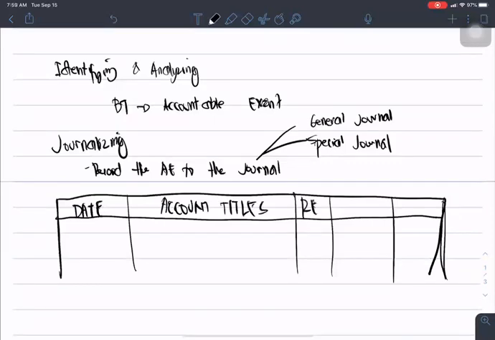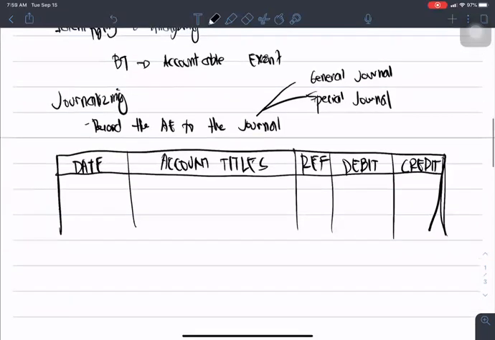And then we have your reference. We also have your debit and your credit. Okay. So of course, your date is the date of transaction. So let's say the date of transaction happened today, then you place the date today.